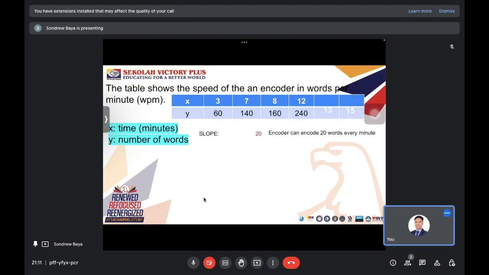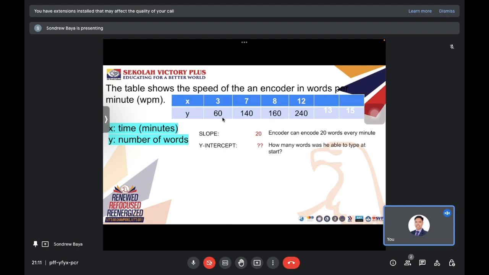Question is, what is the y-intercept? How many words was he able to type at the start? Now, if you look at it, since we know that the encoder can type 20 words per minute, and in 3 minutes he was able to write 60 words, we can actually go backwards if we want to.